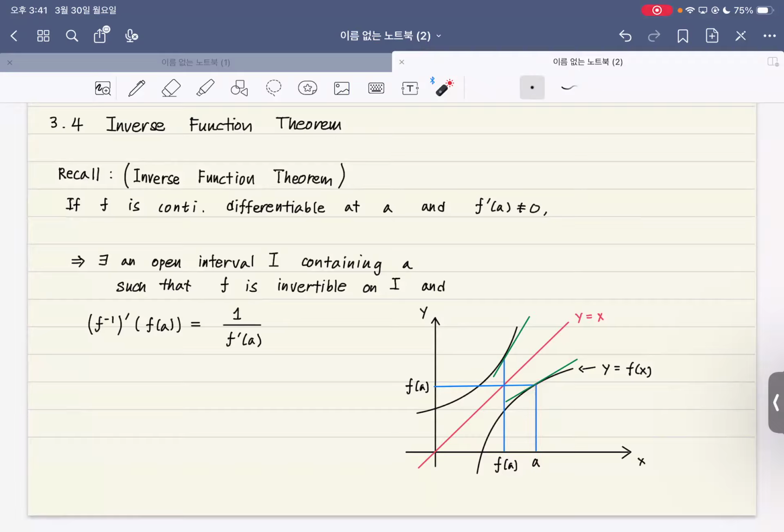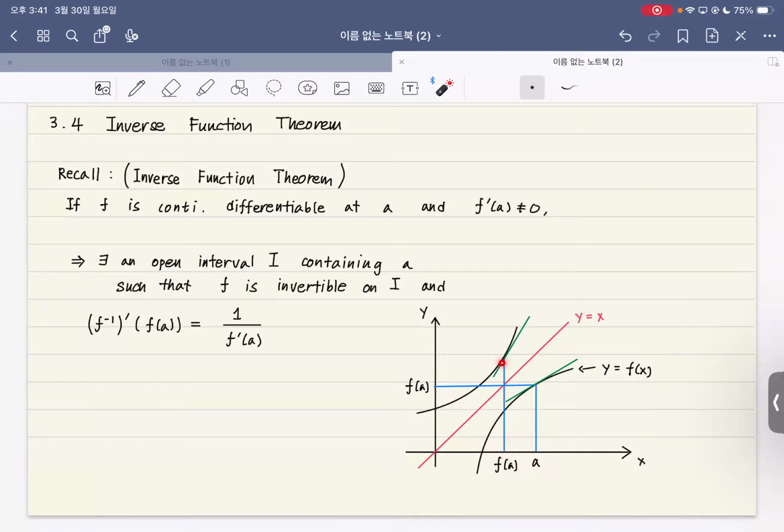So this function on the neighborhood of this point is locally invertible. So this would be the graph of its inverse function, right? Now I am interested in the rate of change of your inverse function at this point, f of a.